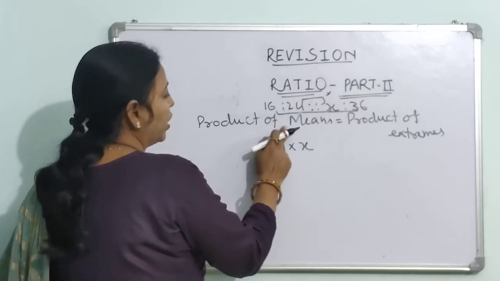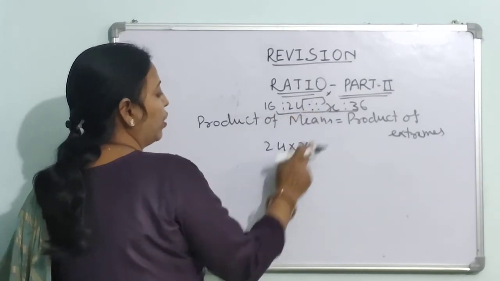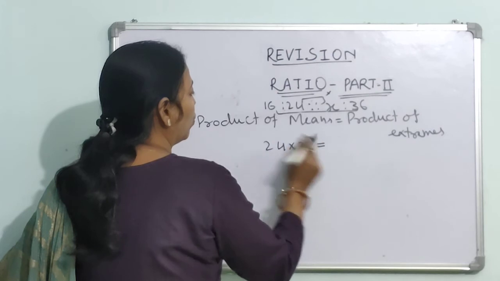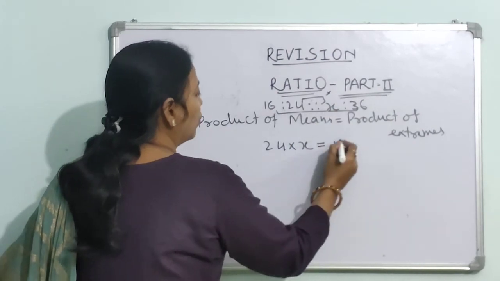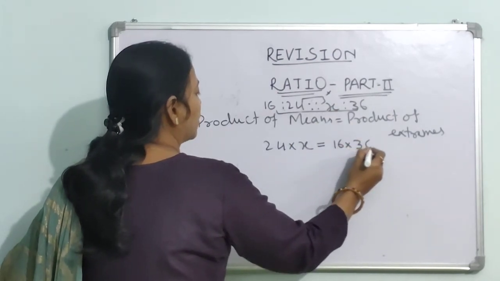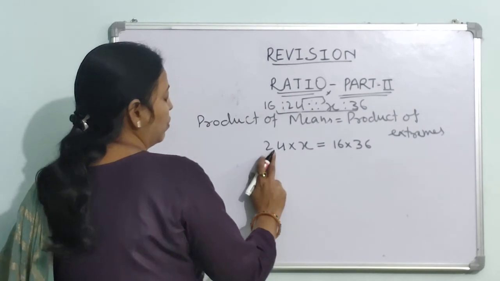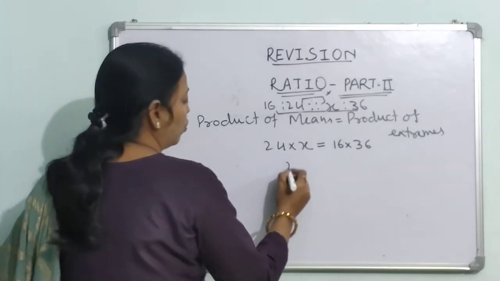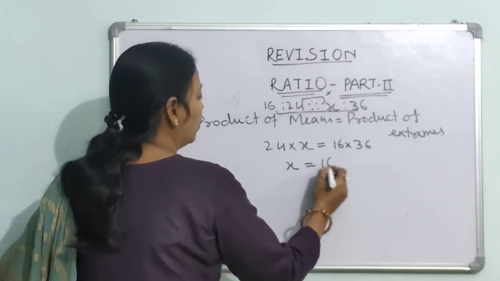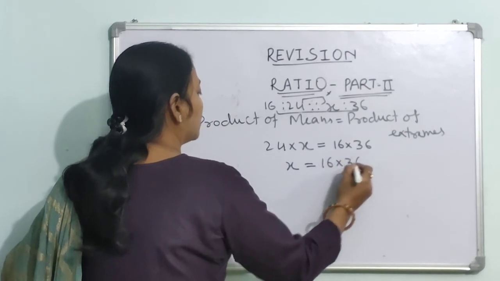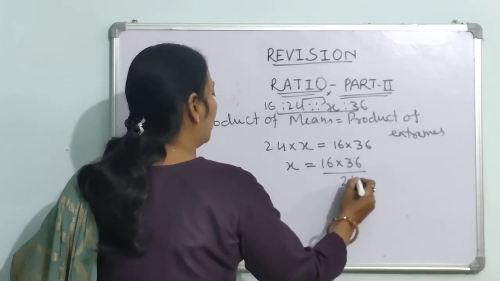So you will write the product of means: 24 into x is equal to 16 into 36. Now to find x, you will transfer this 24 to the other side of the equal sign. x is equal to 16 into 36 divided by 24.